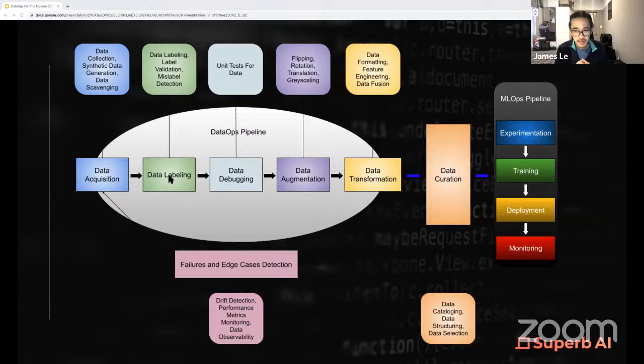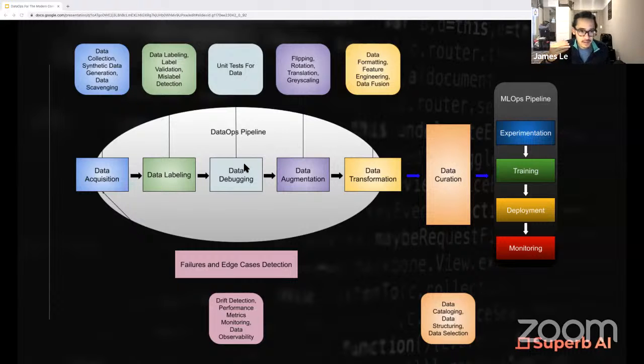My company started out with a data labeling solution. And so we think that an efficient labeling operation requires a very rigorous process with high performance tooling, its own life cycle, as well as a validation process to make sure that you can actually get good labels for your data.